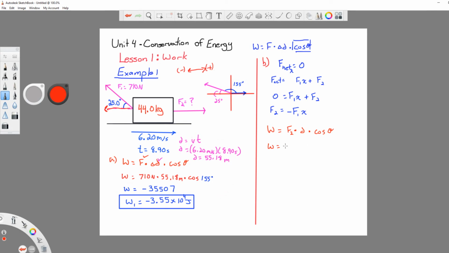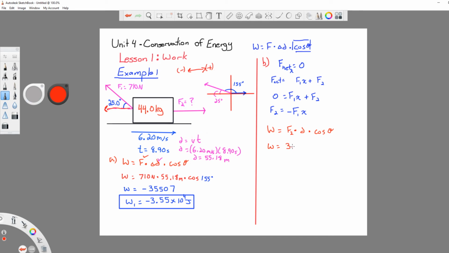The magnitude of that value is going to be the same. The distance is going to be the same. So realistically, what we can say is that since the force is equal, since the distance is equal, the work done is going to be also equal, but in the opposite direction.